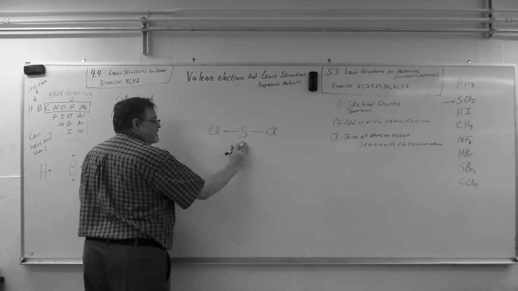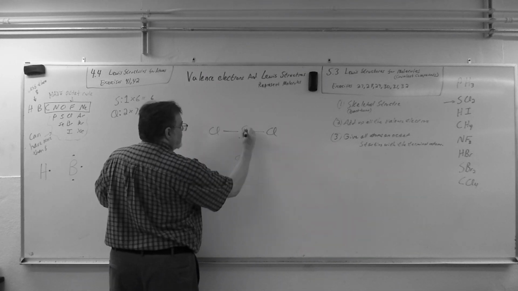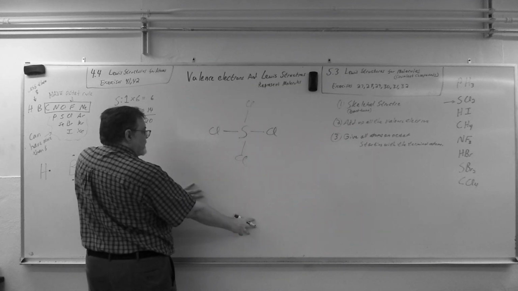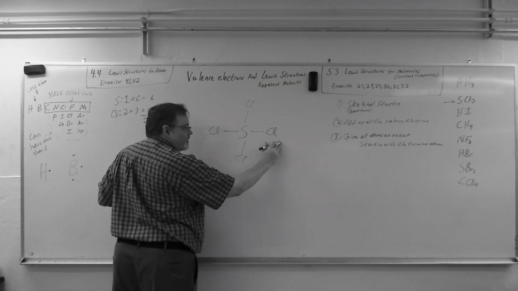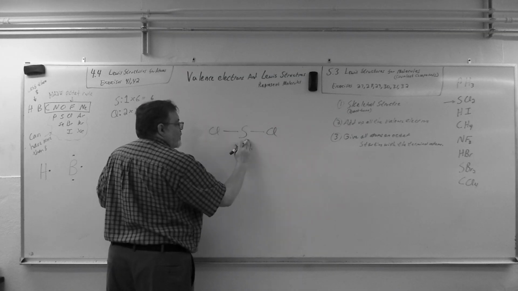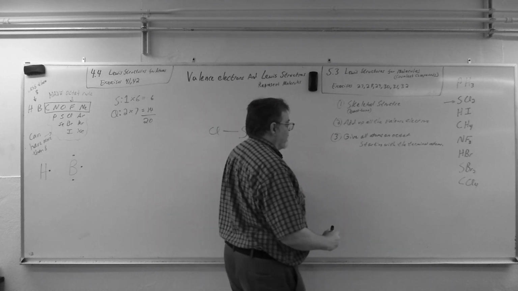This is what I'd call the central atom. These are the terminal atoms. I mean, if I had another one here and something else here, then I would have 4 terminal atoms because there's no more molecule out here. That's the end of the molecule, the terminus of the molecule. So I've got 1 central atom and 2 terminal atoms.